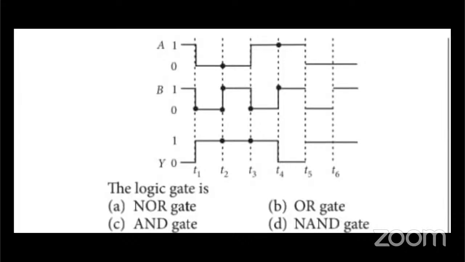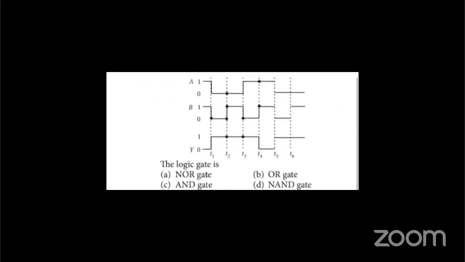So this is our diagram. From this diagram, we can put the lower state value as 0 and the higher state value as 1. So let us first substitute the lower and higher values in the waveforms.